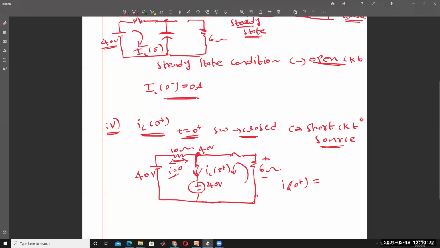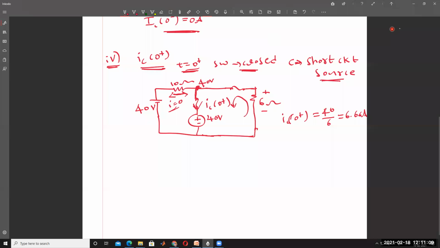What is the voltage here? 40, so 40 divided by 6. That is the current flowing through the capacitor, 6.66 amps. This is the current flowing through the capacitor after t is equal to 0 plus.